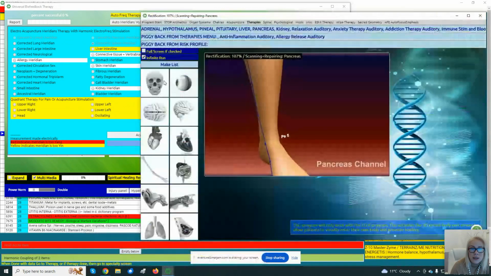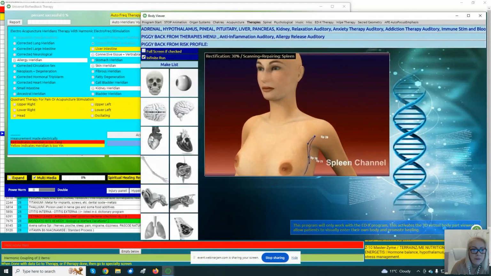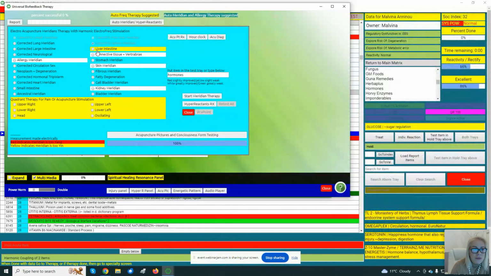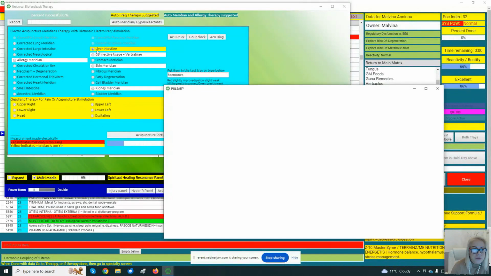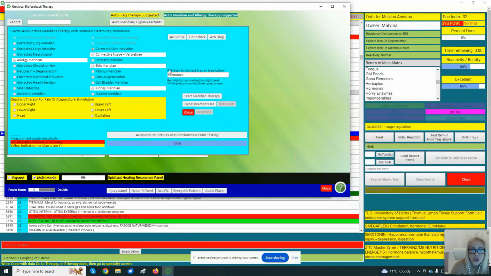So same logic, spleen, okay, and the liver. Corrected. So with the same logic, I can also do, let's say, either diabetes or sugar regulation.